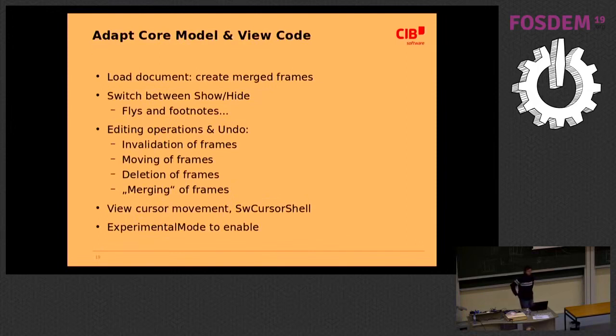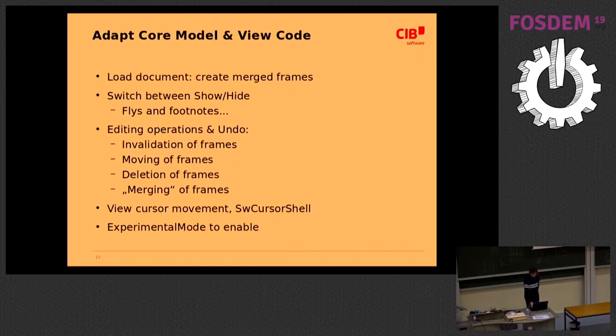So that was the scope of the first step, basically, and the second step was then to adapt the connection between the core model code and the core view code, so that whenever editing operations occur that would merge two paragraphs or split them or something like that, the proper number of text frames merged or not is created for them, and so on.